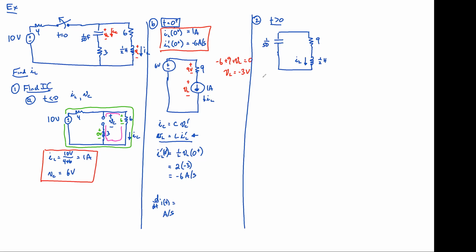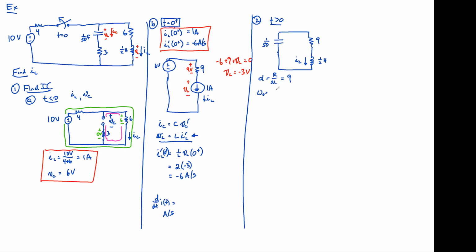So from the other sheet, the magic pre-made equations are: alpha is equal to R over 2L if it's in series. It's equal to something else if it's in parallel, but here it's in series. And so for this circuit, that's 9.